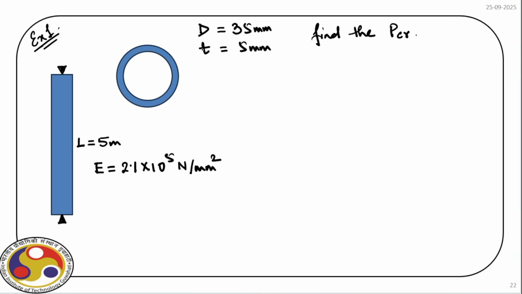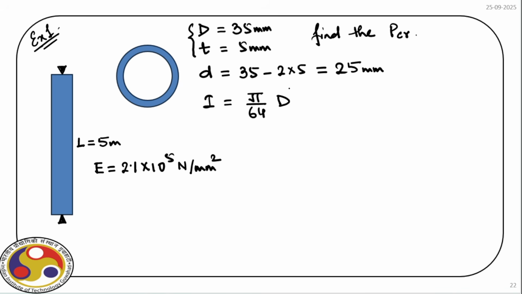So from the given dimension we can find out inner diameter small d, and small d is 35 minus 2 into 5 because the thickness is 5 millimeter. So the inner diameter is 25 millimeter. Now once we know the inner diameter and outer diameter, we can find out I for this cross section, and the I for this hollow circular cross section is pi by 64 times D to the power 4 minus small d to the power 4.